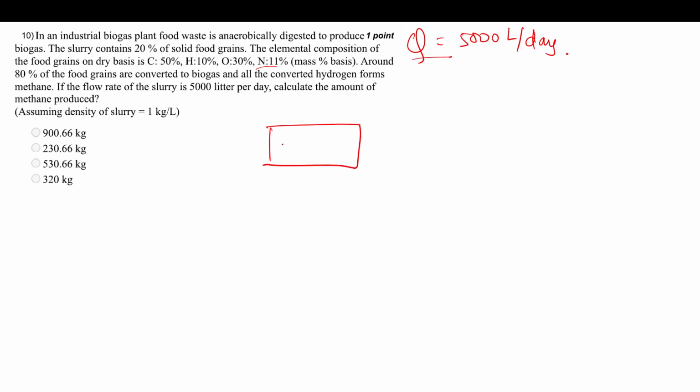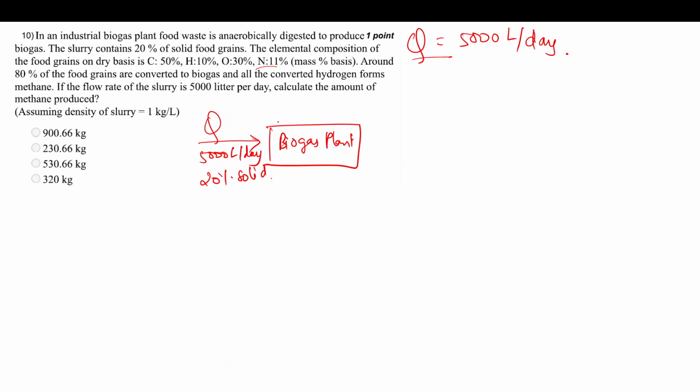So you can say this is the biogas plant. It's always helpful to draw a schematic and write down all the values, right? So let's do that. So here the flow rate is 5,000 liter per day, which is having 20% solid.